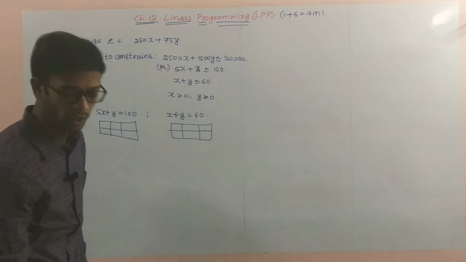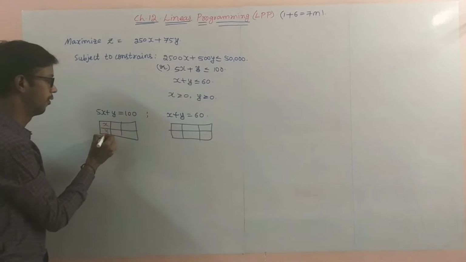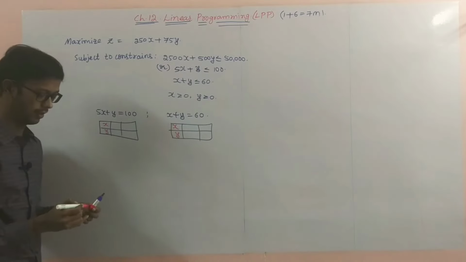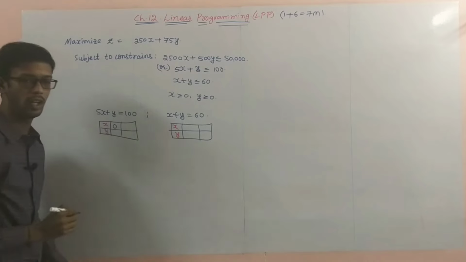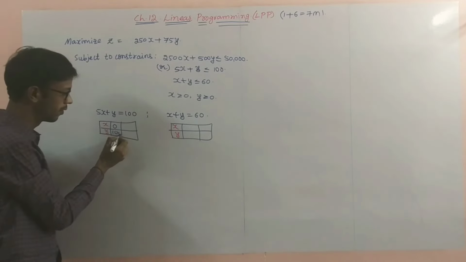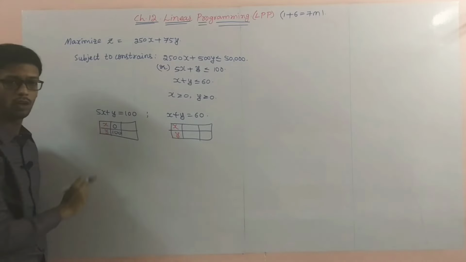So now, here you can write x-axis, y-axis, x-axis, y-axis. First substitute x equal to 0, y equal to 100. Properly you have to write x equal to 0, y equal to 100.